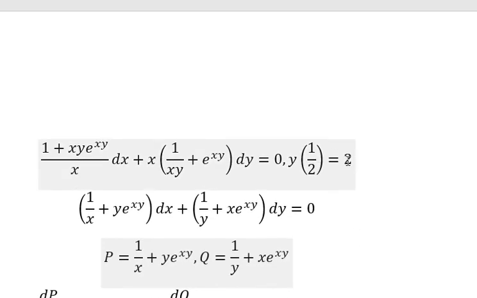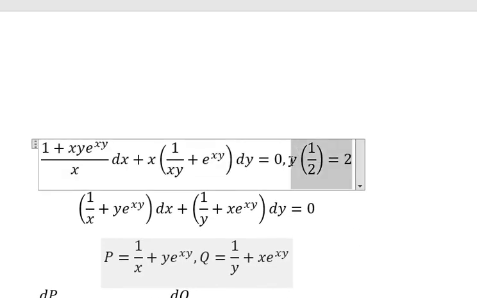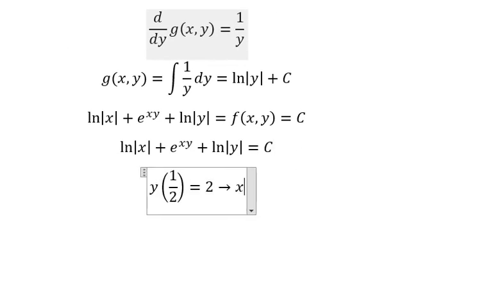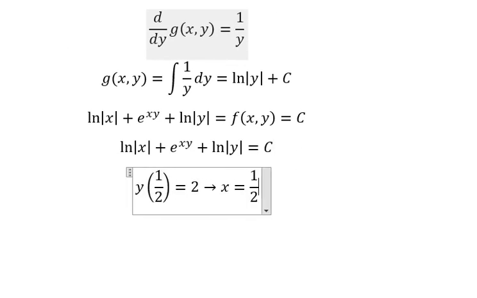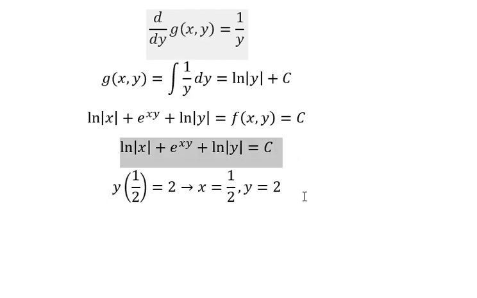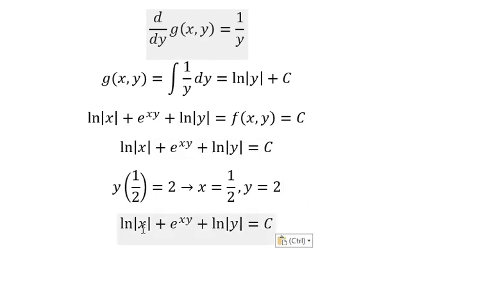Now we have the conditions. When s equals to 1/2, y equal to number 2. So we put the value in here to find the value of c.